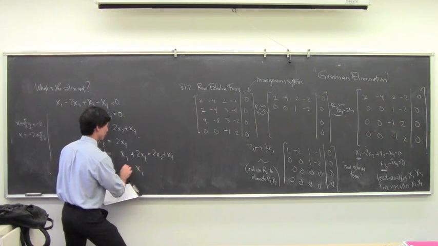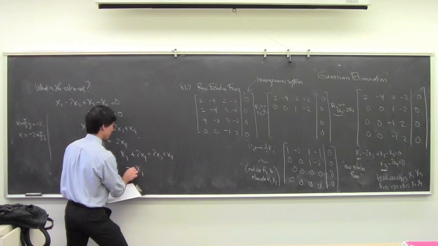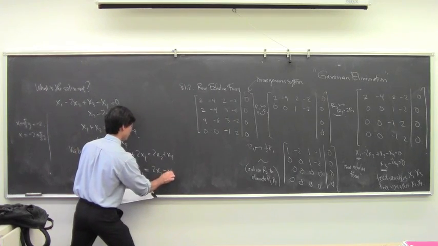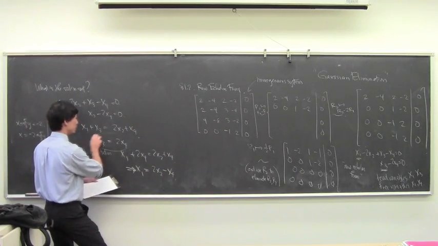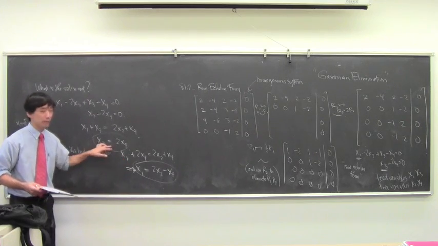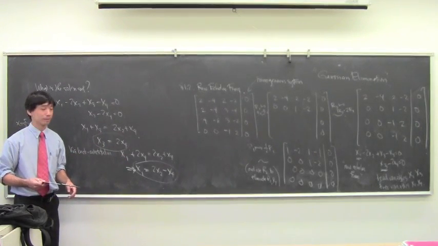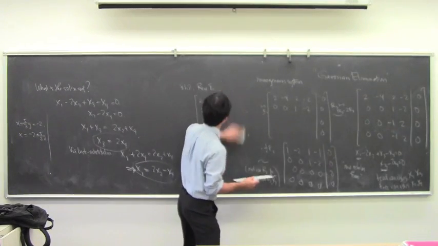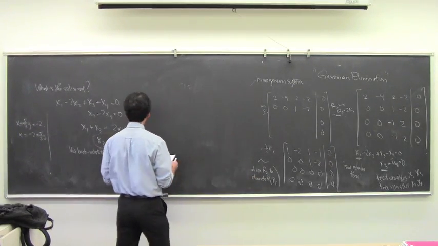In other words, x1 equals 2x2 minus x4, and x3 is 2x4. So we have expressions for the lead variables in terms of the free variables. And then we just write it down just like we did over here.